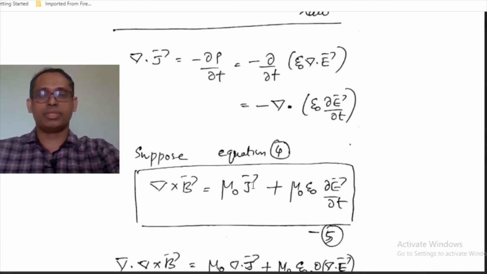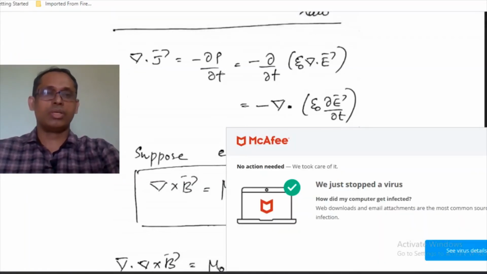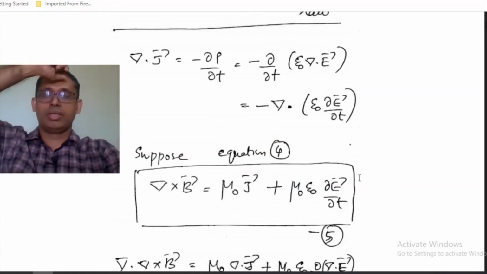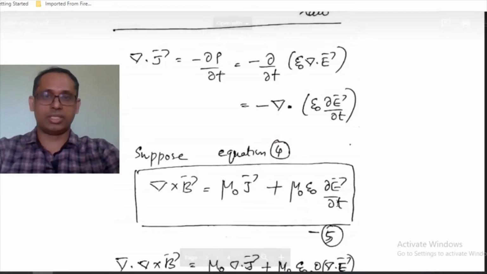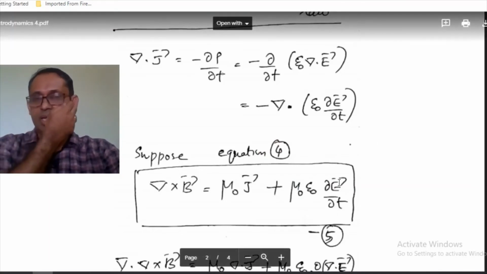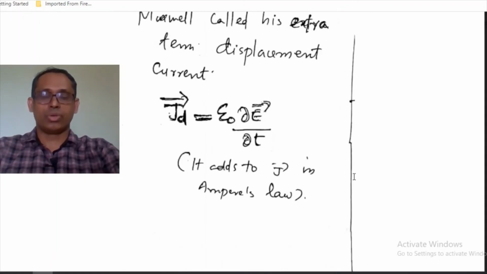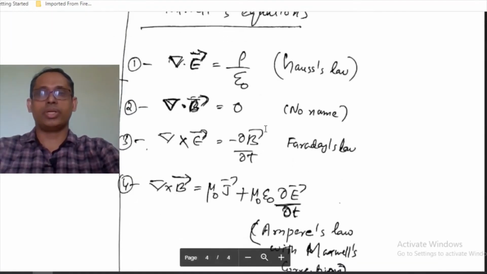Here we have current density, and the corresponding term is ε0 ∂E/∂t. This is called displacement current density, because J is current density. So the displacement current JD is equal to ε0 ∂E/∂t.